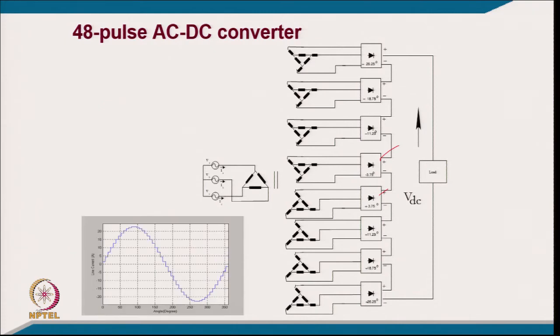And you will get a current very close to a sine wave with this number of stepped waveforms, and the lowest harmonic will be 48 n plus minus 1. So the lowest harmonic is 47, and that will be the fundamental current divided by 47. So you will get the THD quite low, not more than 2.5% order.